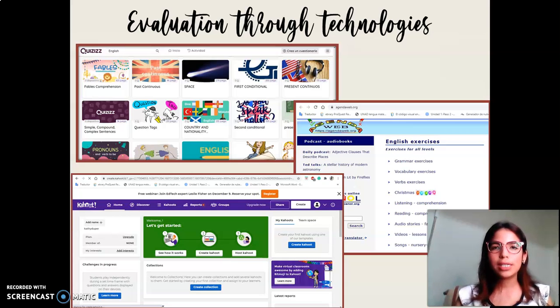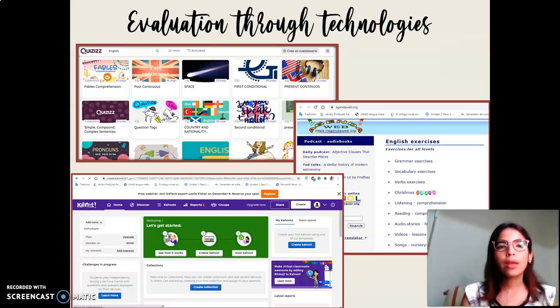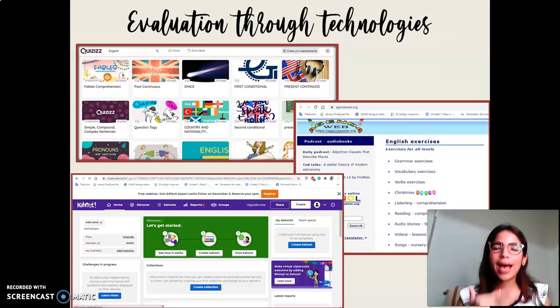The information is more visually appealing for all the students, and in this way they can learn and also remember all the aspects that we have been teaching them during the class. So the evaluation through technologies is really important to help the students improve their English.